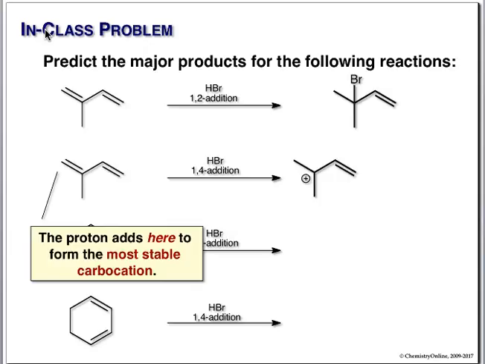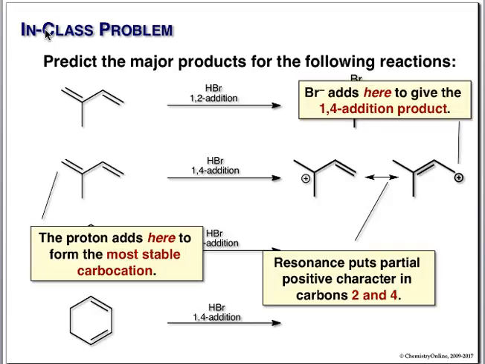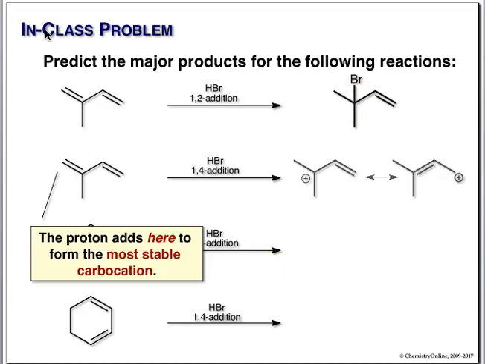But because this is a 1,4 addition, now we have to be aware that this is going to be resonance stabilized, and we're going to have carbocation character here on 2 and 4. So to get our 1,4 product, all we have to do is add bromide down here to carbon 4 to this carbocation center, and our product should look like this.